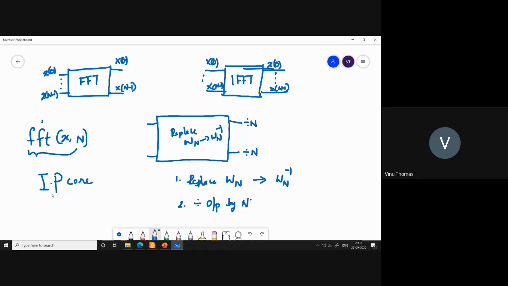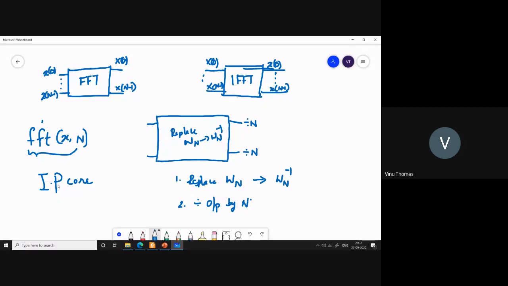An intellectual property core means that someone has already written a hardware descriptor language code for FFT. You don't have to rewrite the code again. You just have to invoke that code from the library. So you can't go into the IP core, you cannot change whatever is inside it, which means replacing Wn by Wn raised to -1 will mean that you have to rewrite everything from scratch.